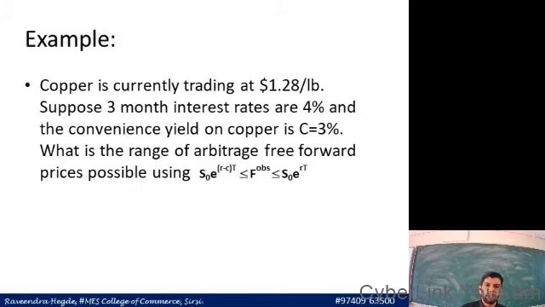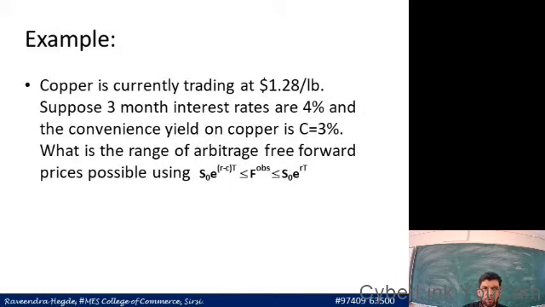Now let us understand one example. Say copper is currently trading at $1.28. Suppose 3-month interest rates are 4% and the convenience yield on copper is C equals 3%.